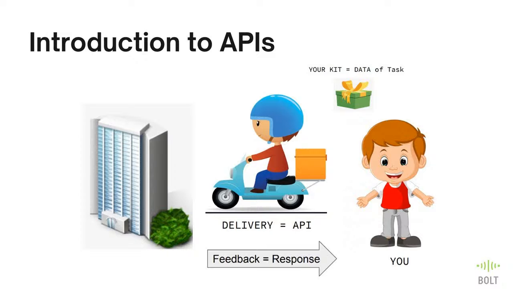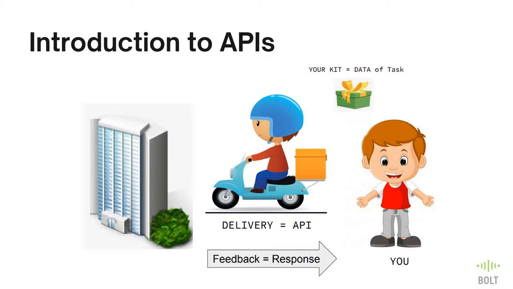Suppose I want to send a gift to my friend's office, right? This is my friend's office and this is me. You can consider the delivery boy as the API, because he will send whatever gift item I want to my friend's office, and he will give me a response as well, whether it is delivered or not.